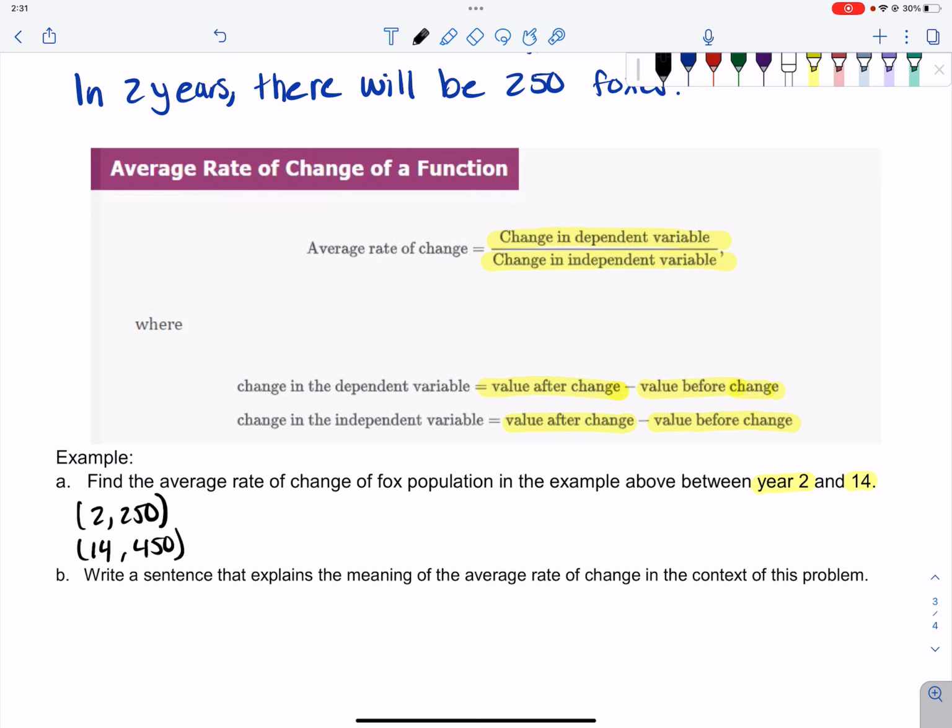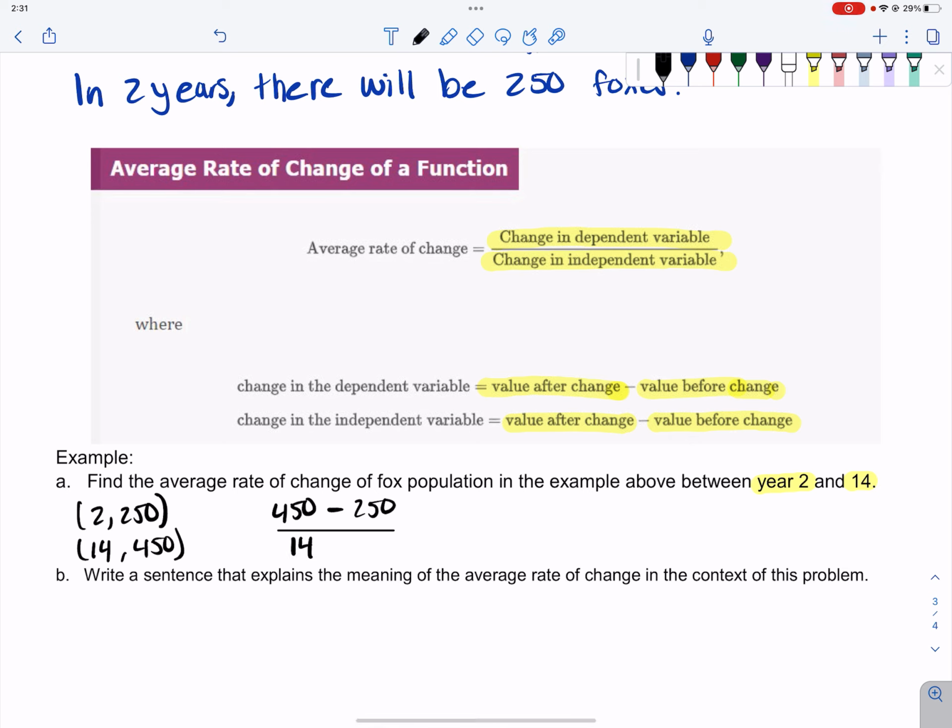Now our average rate of change, we can calculate by taking our value after change for the dependent variable, which is 450, and subtracting the value before the change, which is the 250. Then we need to divide this by our change in the independent variable, our years.